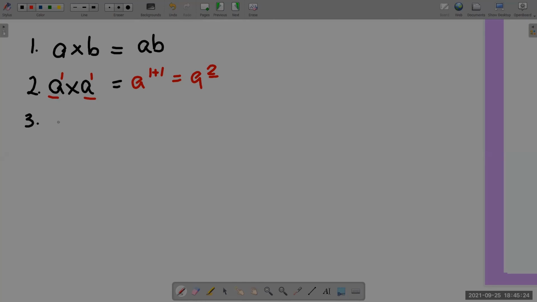All right, let's try this one. Good job so far. We're taking it up a notch. Suppose I say AB times A. Take a try, remembering that we're grouping them together.